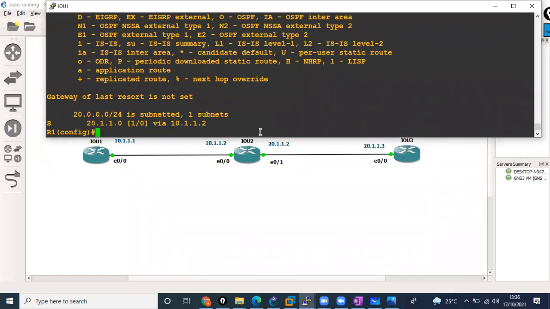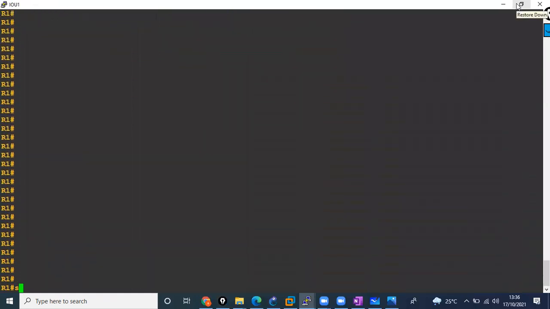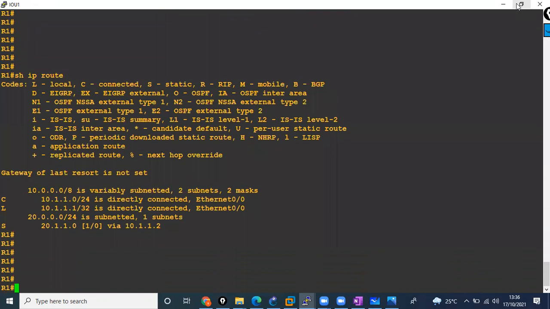So do show IP route. So now you can see. In show IP route, now let's consider I'm going to ping here. In the ping, my source IP will be 10.1.1.1 and destination IP will be 20.1.1.3.